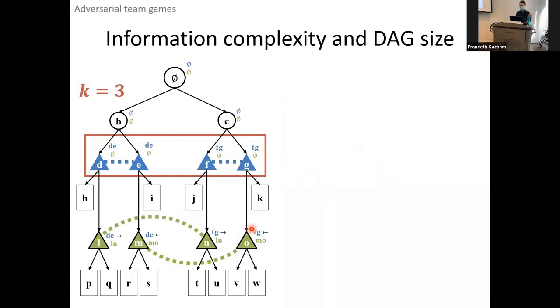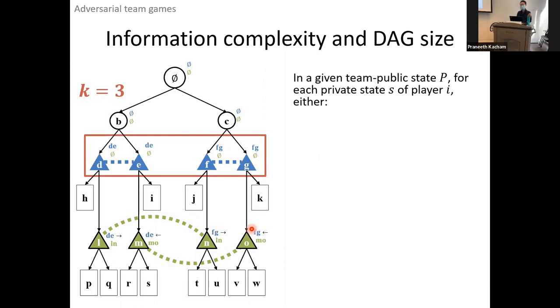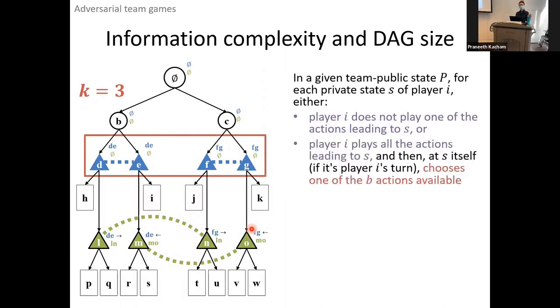Now that we've defined the parameter, we can start bounding stuff. And indeed, bounding stuff is going to take exactly 1 slide. Given a team public state, for each private state, either the player doesn't play to that private state, or the player plays to the private state and then picks one of the actions available there. One of these 2 things happen.